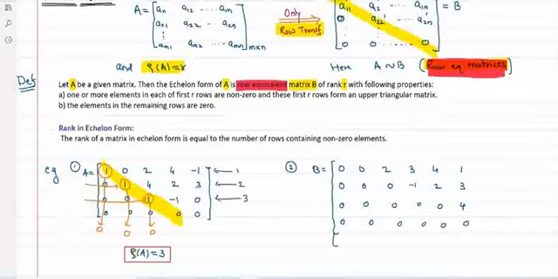Suppose one more row, 0, 0, 0, 0, 0, and 0.